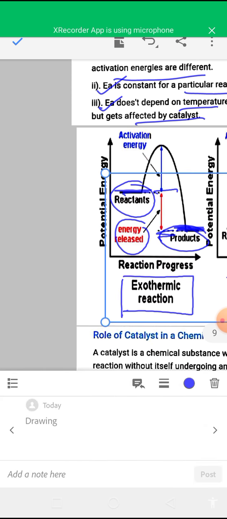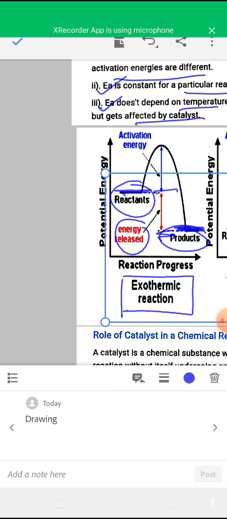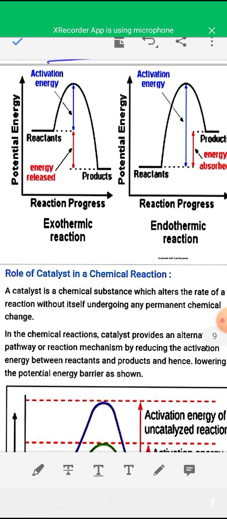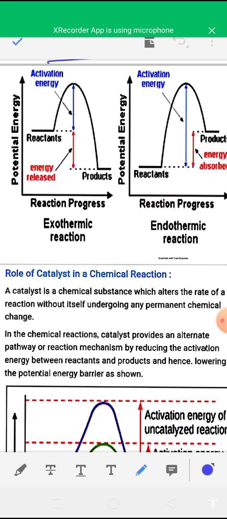For exothermic reaction the potential energy versus reaction progress graph is like this, and for endothermic reaction it will look like this.